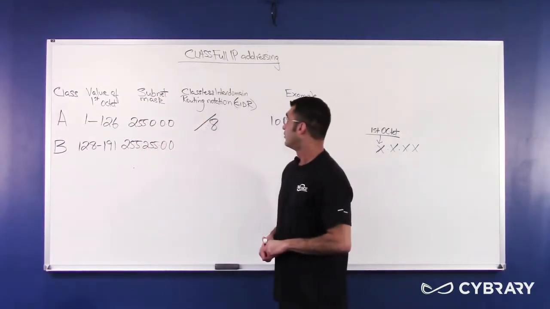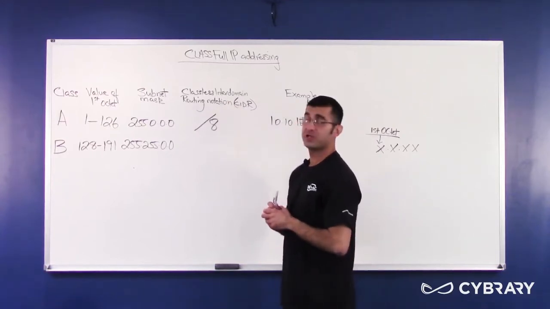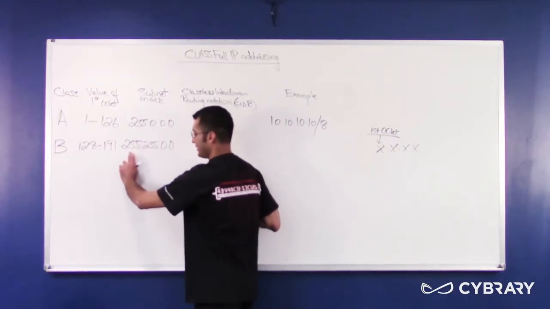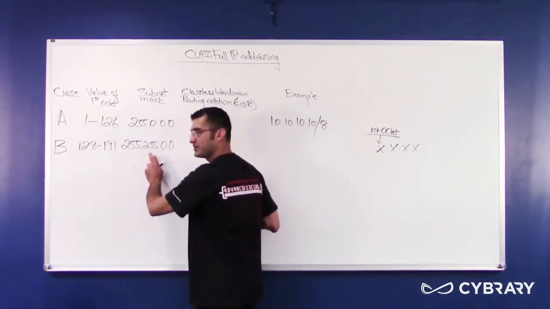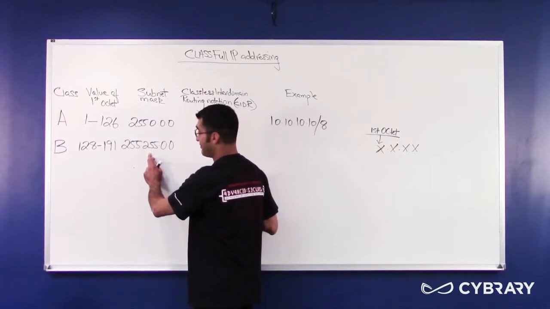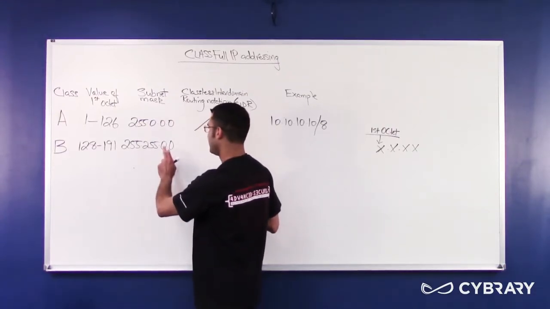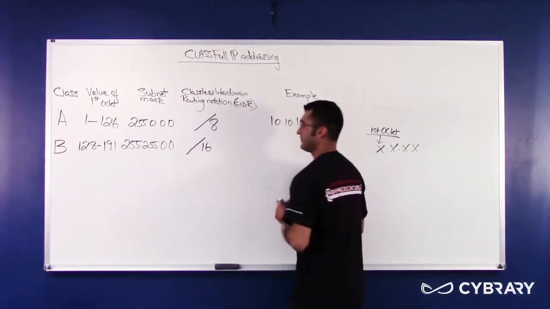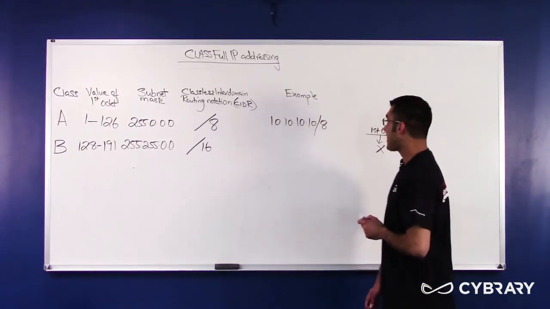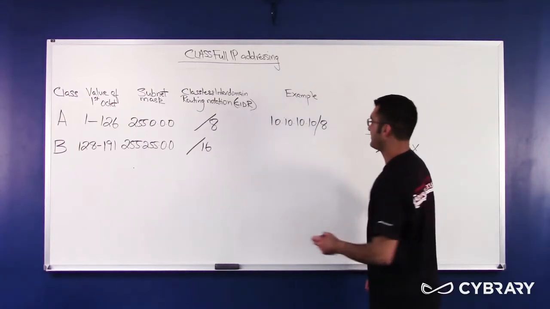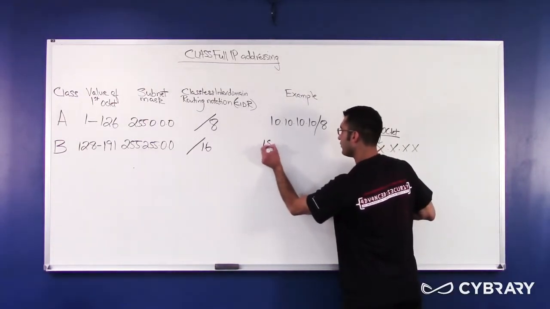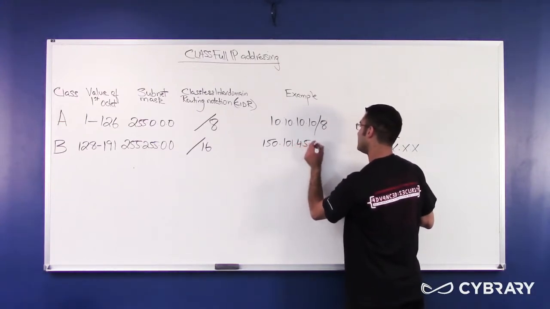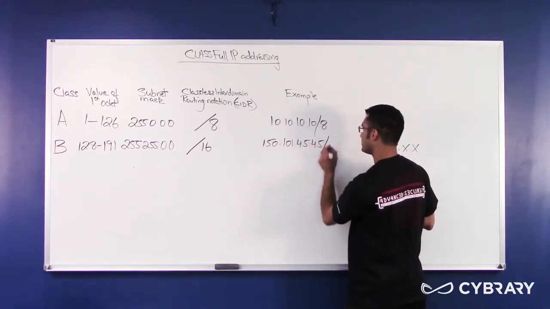So now, what would the CIDR notation be? The first octet is all ones, which is 8 bits. The second octet is also all ones, which is another 8 bits. So 8 plus 8 is 16. The third and fourth octets are off. You get /16. An example of a class B address would be 150.101.45.45/16.